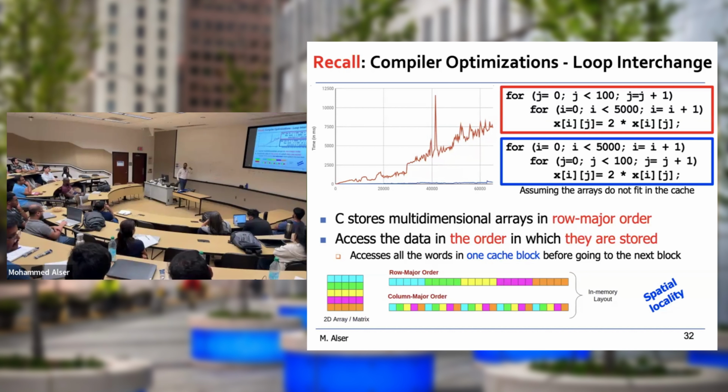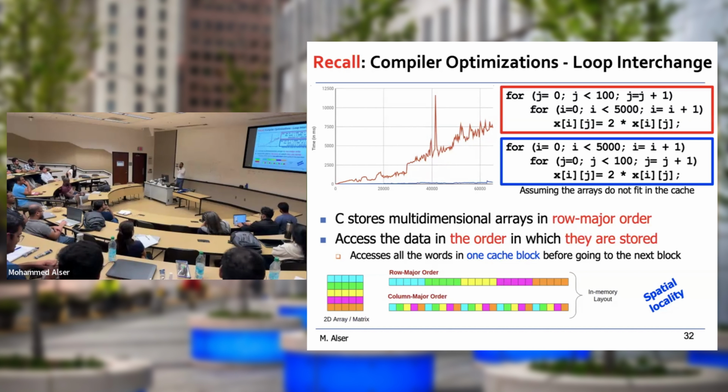We already discussed it for caches. Now we are not discussing caches. We discuss how row major is also going to improve memory performance. So why do you think it's still valid for memories? We discussed why it's valid for caches. Why do you think loop interchange is also going to improve memory accesses?